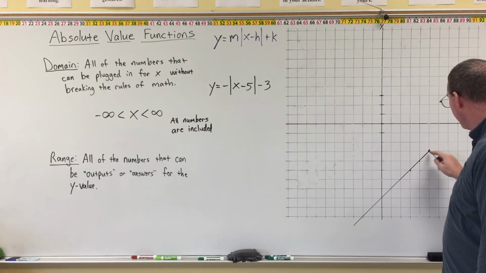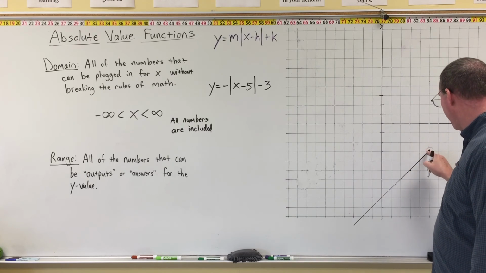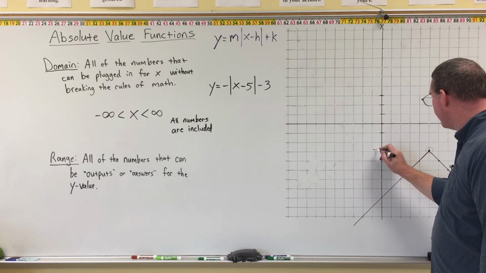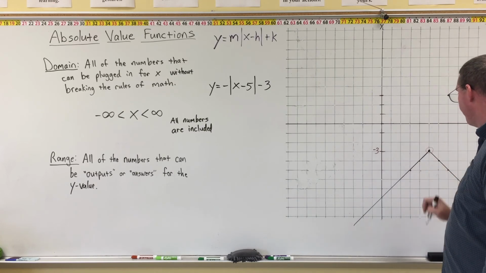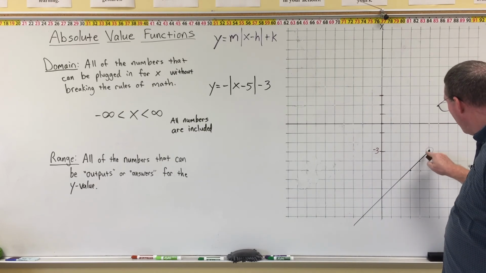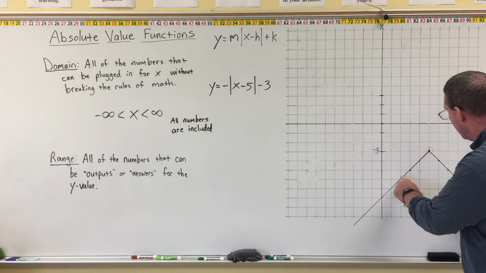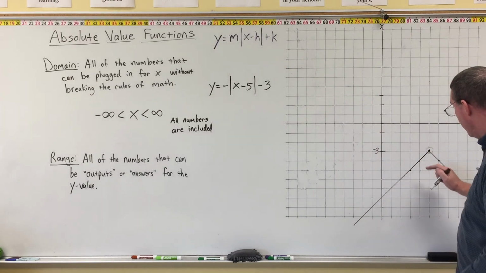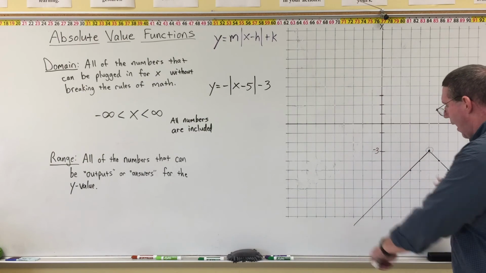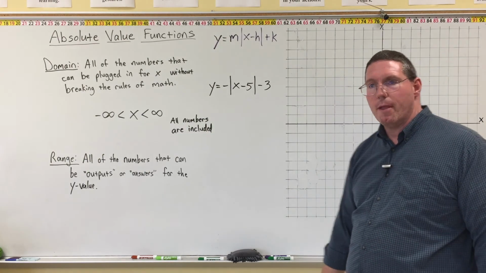Like this point right here, that's at a height of negative 3, right? It's 5, negative 3. But look, on both sides of this point, the graph is below negative 3. So we've got negative 4 included, negative 5 included, negative 6 included, all the way down to negative infinity.